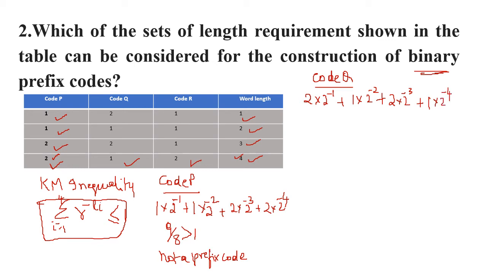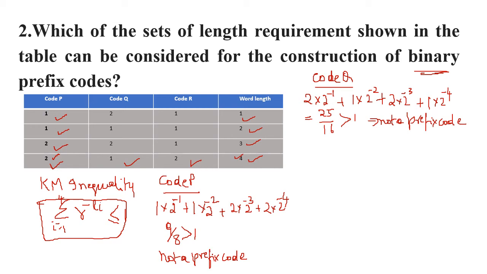Simplify this in the calculator and see what you get. After the substitution you are going to get 25 by 16, which is greater than 1. So this is also not a prefix code because it is not satisfying the Kraft inequality.